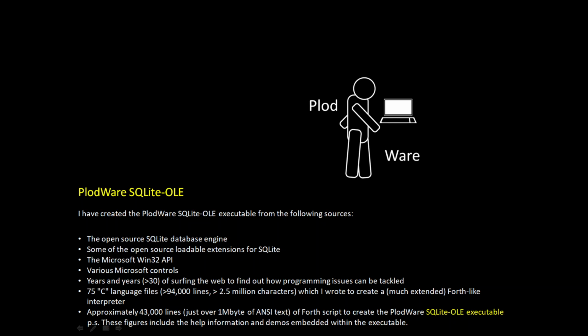And on top of this Forth environment, there's about 43,000 lines of script, about 1 megabyte of code, just over 1 megabyte of compressed ANSI text, which, when it all put together, gives me PlodWare SQLite Olay, and that includes in that a significant amount of help information and embedded demos inside the executable.